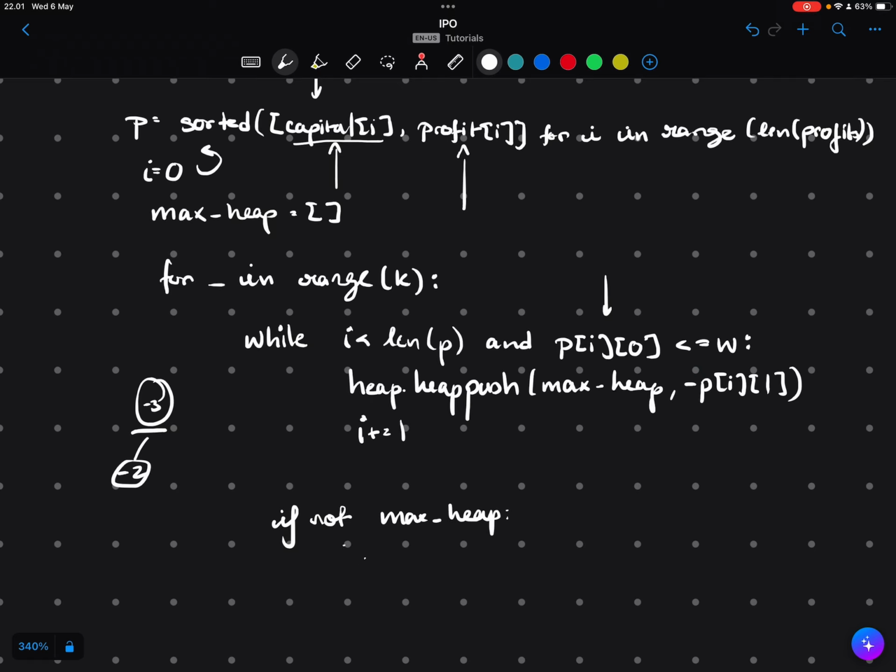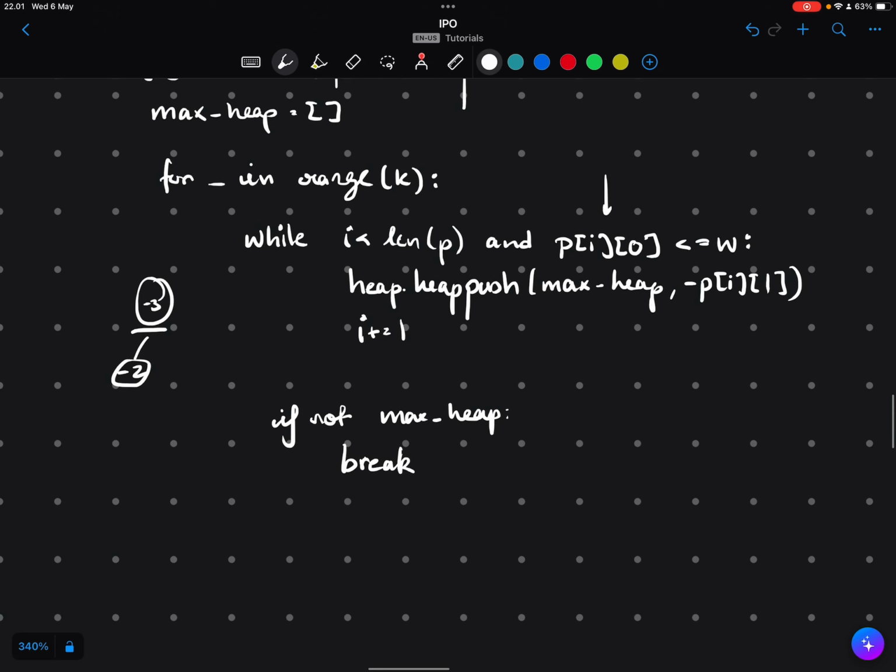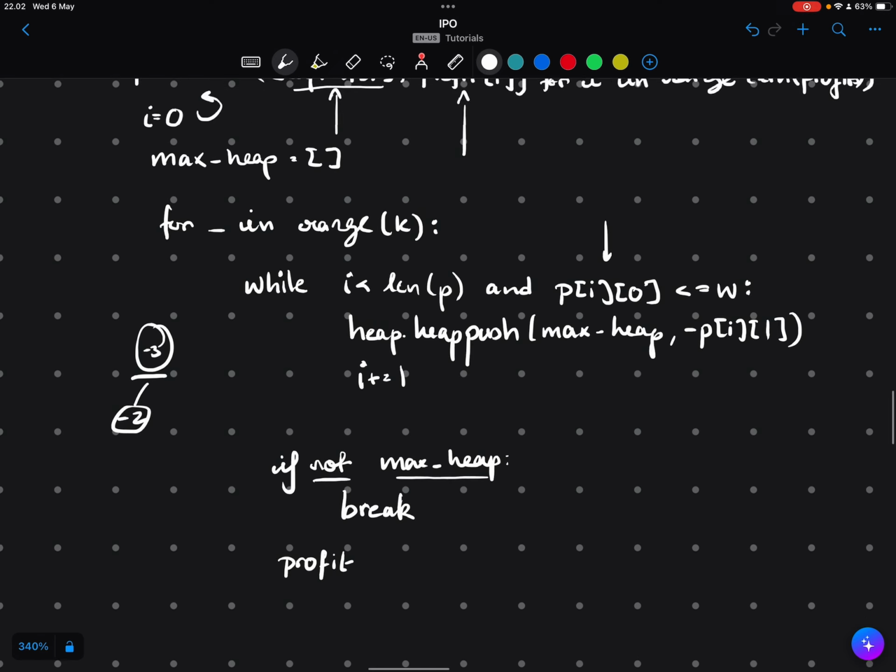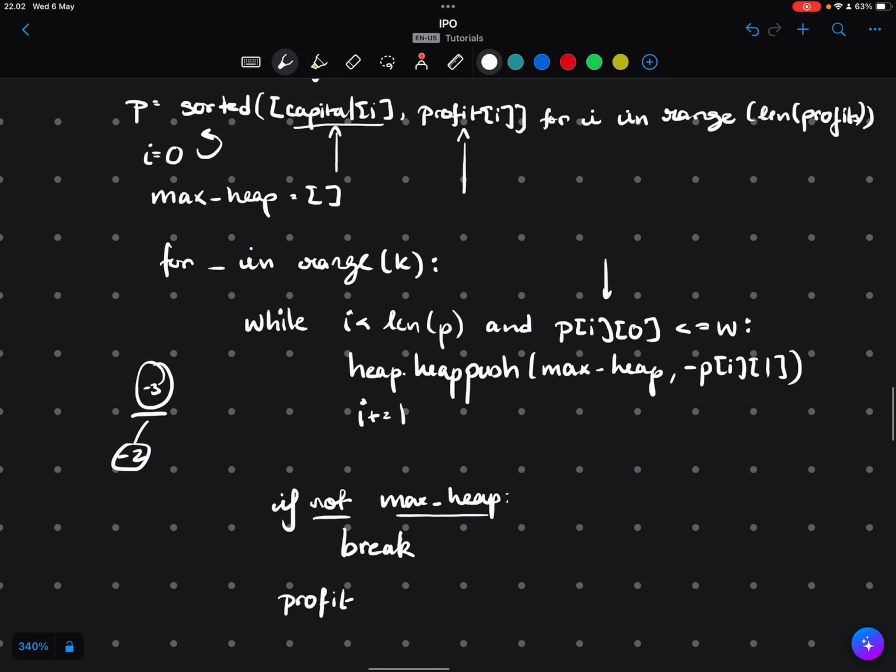So at the end, just simply do if not max heap, just in case there is an edge case, break out of the loop. I meant if not max heap, that means we literally had no feasible project that we can take.